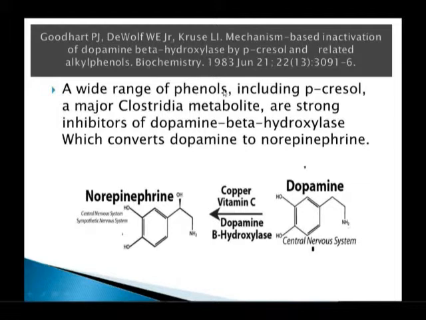Okay, what that means is it's not just a phenol from a bacteria. It can be phenols from foods, phenols from other chemicals, phenols that may be coming in through an artificial ingredient of some sort, or even a natural ingredient in a particular food, may have that same type of effect at blocking dopamine and norepinephrine, inhibiting that dopamine beta hydroxylase.